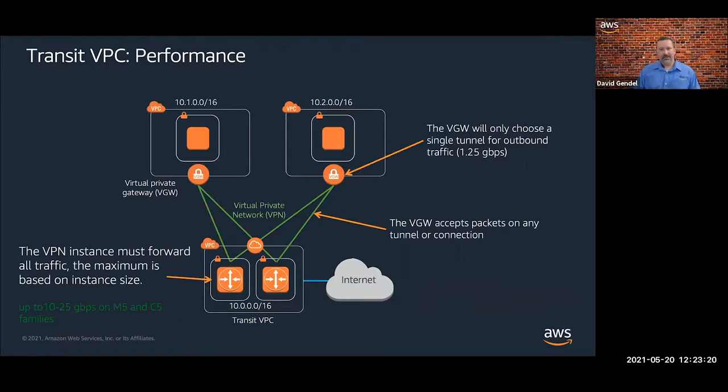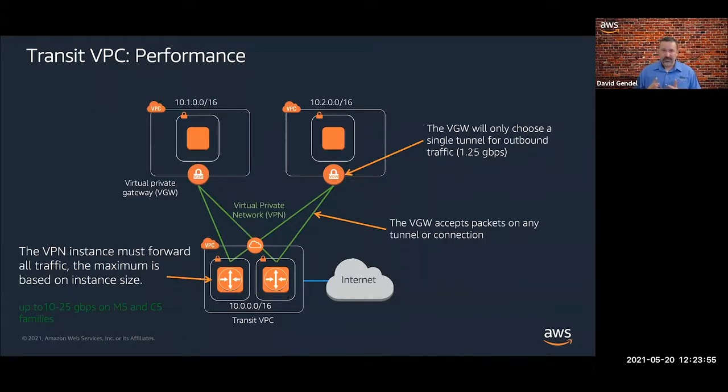So there are other considerations, like I mentioned, such as performance. With transit gateway, your maximum bandwidth for a VPC or Direct Connect attachment, again, this is for transit gateway, is 50 gigs. With transit VPC, because the traffic is running through your EC2 instances, your bandwidth is limited by the instance type and size that you choose. So for example, if you select an M5 or C5 instance type, your bandwidth could be limited to 10 to 25 gigs per second. Now, there's a few things to remember there.